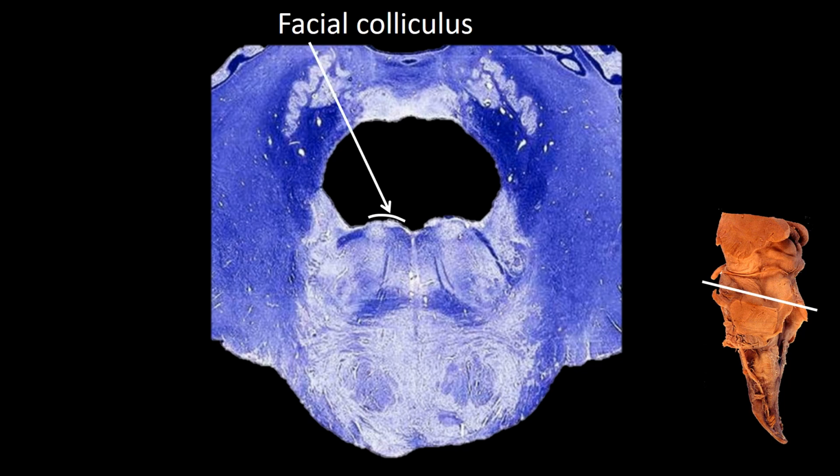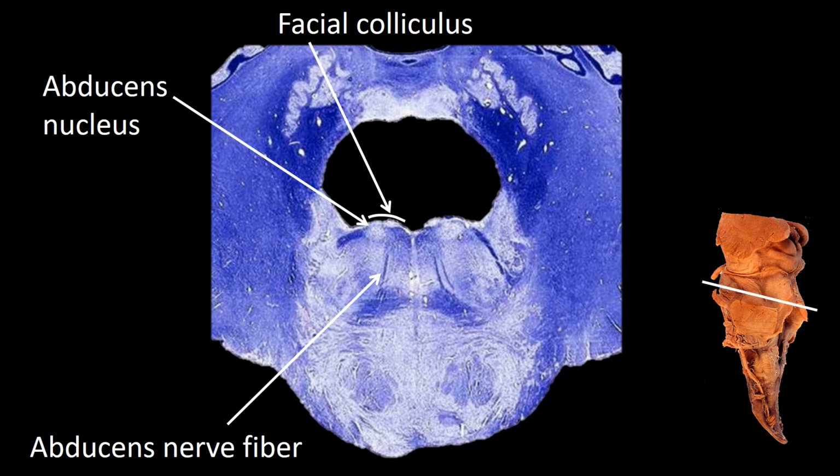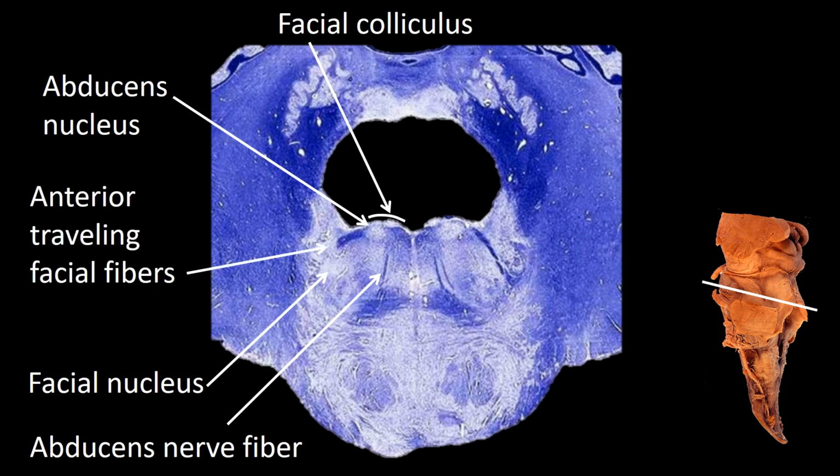I am now indicating the facial colliculus, the abducens nucleus, and the intraparenchymal abducens nerve fibers. Here you have the facial nucleus, whose confused fibers go back looking for 6 and then realize that they cannot go out that way and decide to go forward, as you can see here.